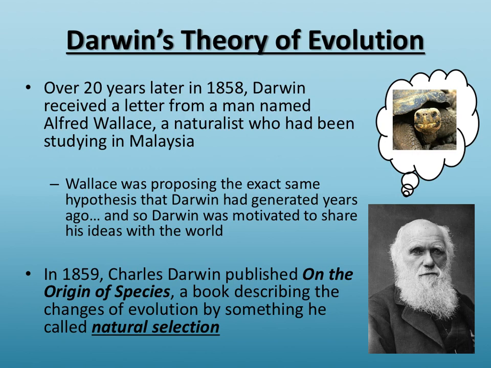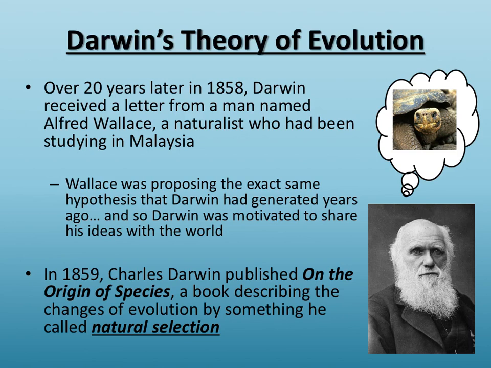Now, over 20 years later, in 1858, Darwin is a well-known naturalist. He's working at a university, he's teaching, he's known for tons of stuff, and he gets a letter from a younger scientist named Alfred Wallace. And Alfred Wallace had been a naturalist himself who was on a voyage and went to Malaysia.